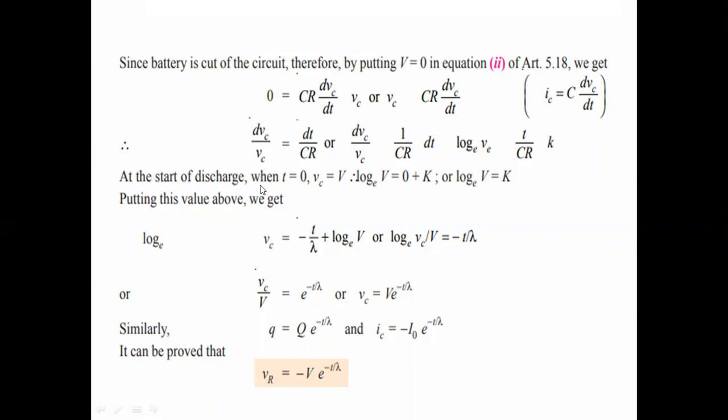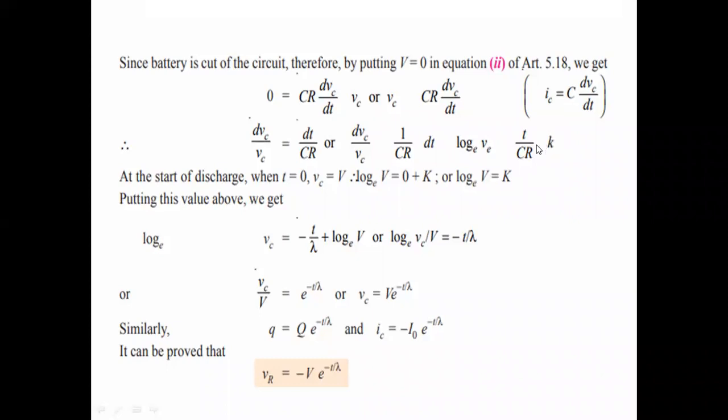At the start of the discharge, when t is equal to 0, Vc is equal to V. Initially the capacitor was charged up to V. So at time t equal to 0, Vc is equal to capital V. Here we apply the integral of dVc by Vc is equal to the integral of dt by CR, and from that we get log of Vc is equal to minus t by CR plus K. We have to find the K value.